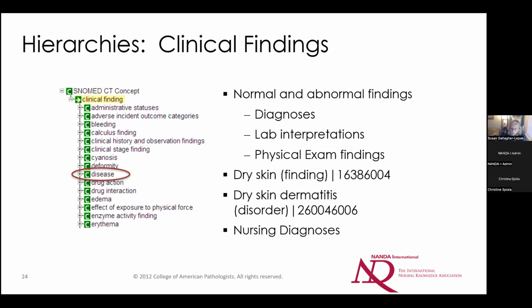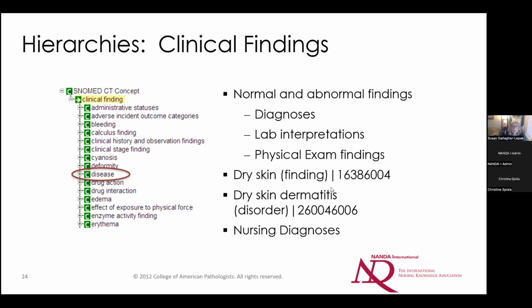You will also see concepts with a disorder hierarchy tag attached to it. Within the clinical findings hierarchy, there is a sub-hierarchy called disease. Anything under the disease hierarchy is necessarily abnormal. And when it is necessarily abnormal, it has that disorder hierarchy tag on it.